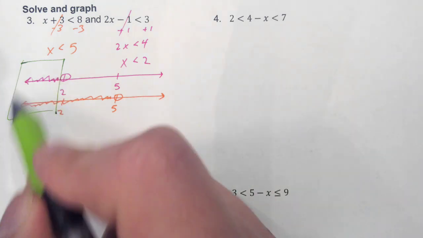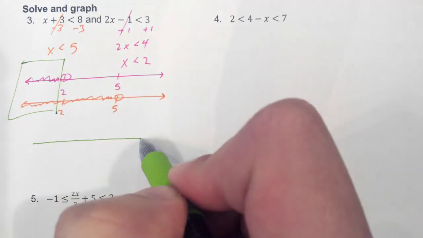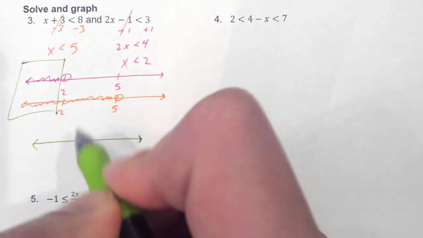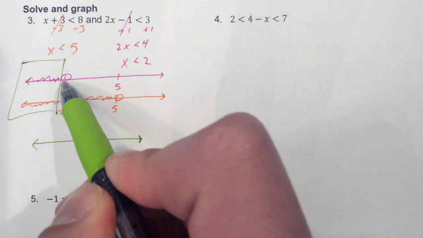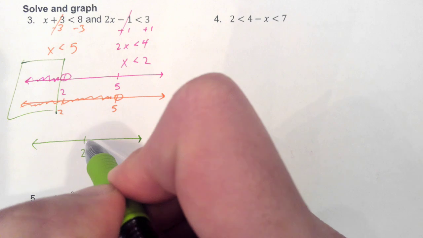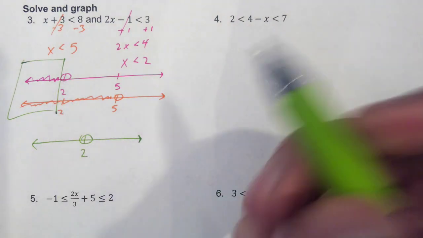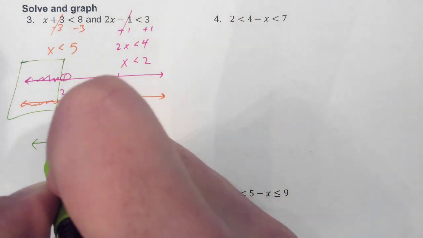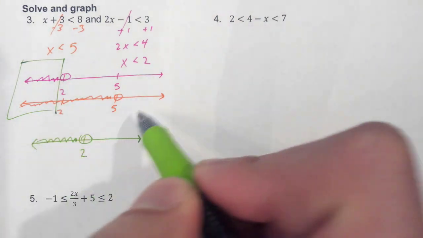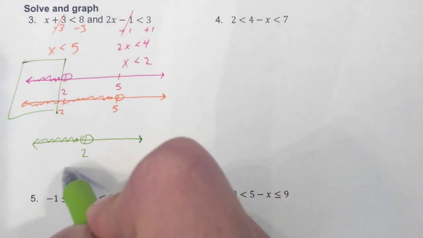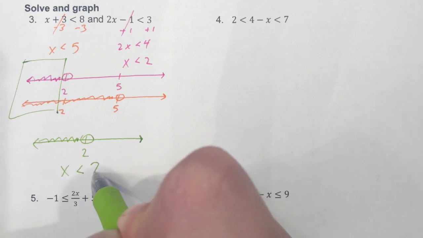So I'm able to put that together for a final number line of 2 as my value, and I would have an open circle because it was an open circle. If it were a closed circle, I would have a closed circle, and it's shaded to the left of 2. So I need to put that answer as an inequality. It would be x is less than 2.